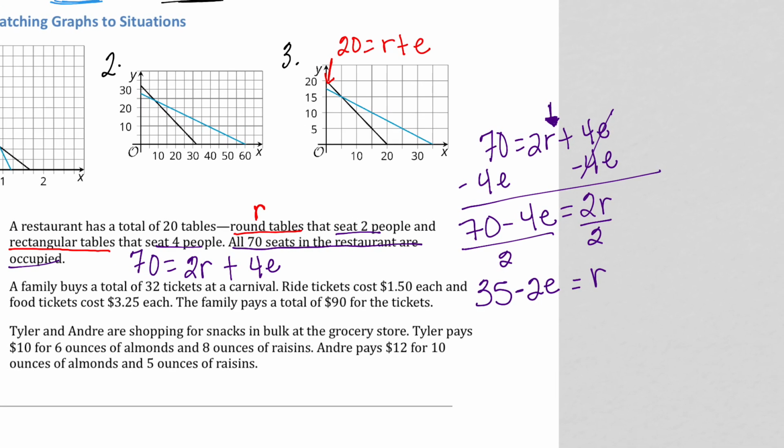Does my blue line cross either axis at 35? Yeah. Which axis? The x-axis. So that tells me that r is my x value.